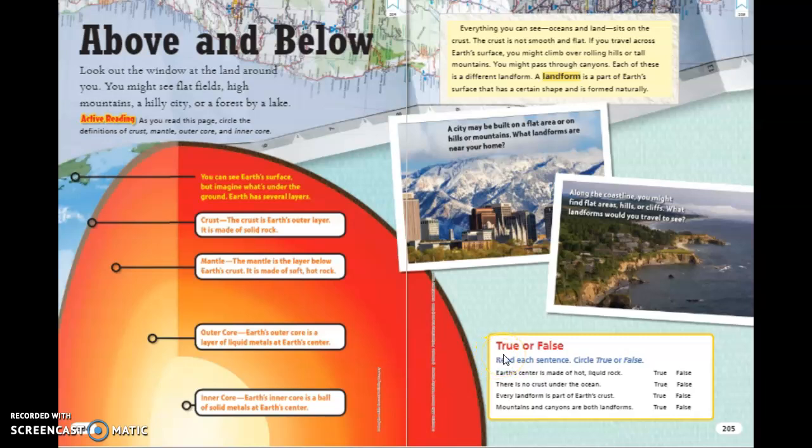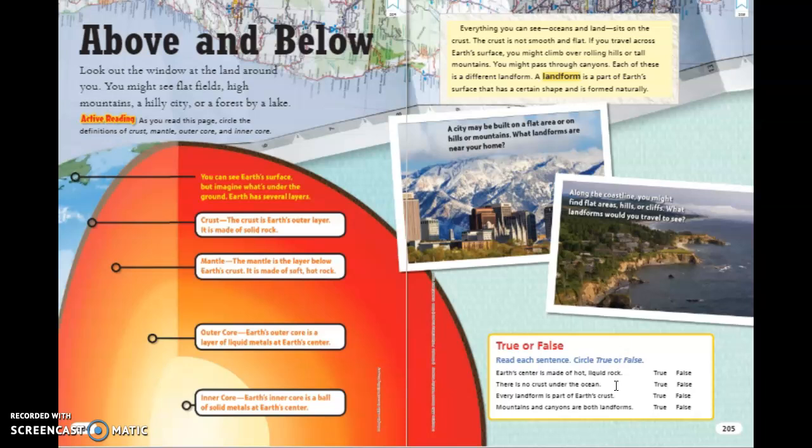Now we're going to play a little game. This is called True or False. I'm going to read each sentence, and you're going to circle true or false, and then we'll go through the answers. Number 1, Earth's surface is made of hot liquid rock. Is it true or false? Let me repeat that one. Earth's center is made of hot liquid rock.